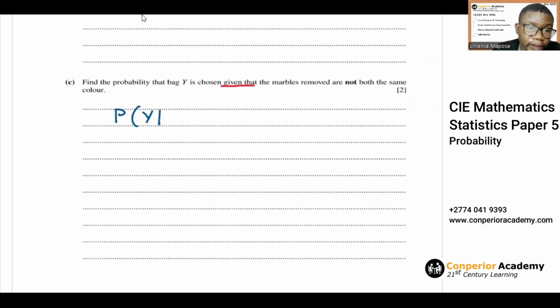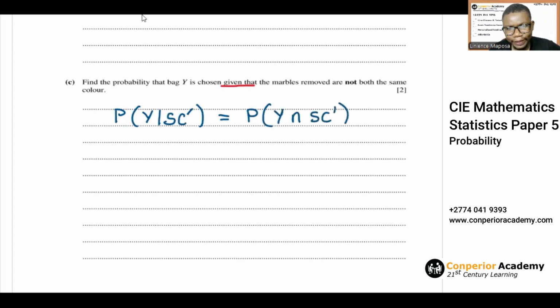I'm going to call it SC, same color complement, they are not the same color. This will be equal to the probability of choosing Y intersection not the same color, divided by the probability of choosing not the same color, right?